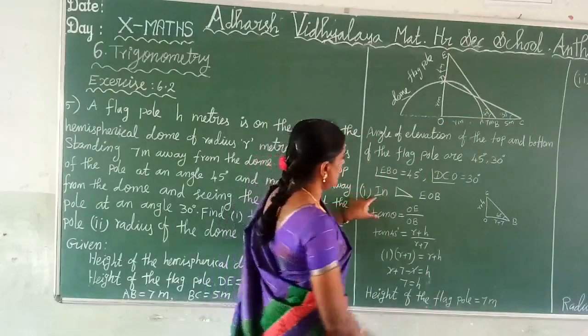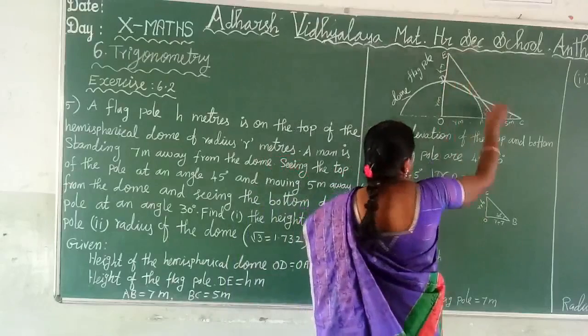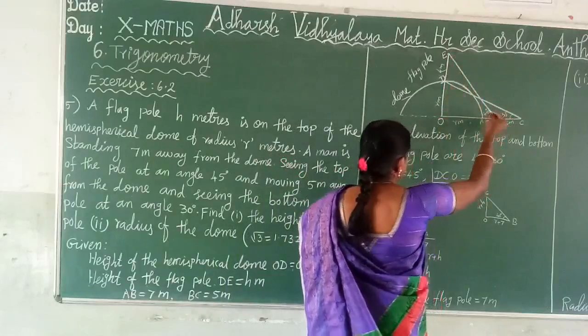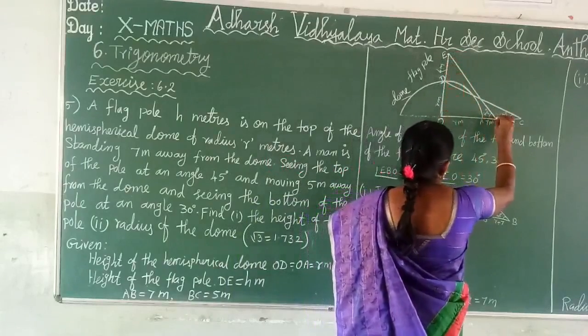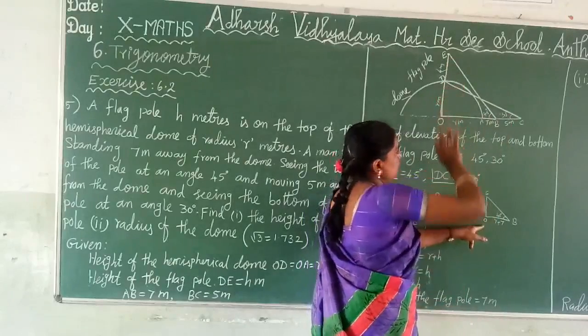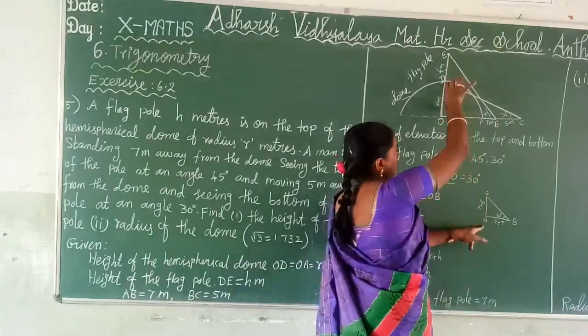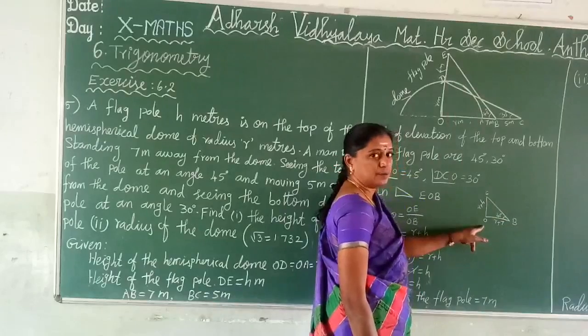First you select triangle EOB, that right angle triangle you take. Then roughly you draw a diagram. Otherwise if you see this diagram, you get confused. So whichever triangle is suitable, only that you roughly draw in the diagram.